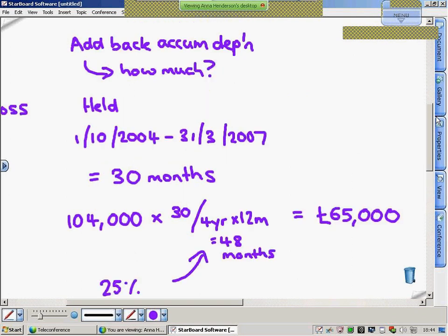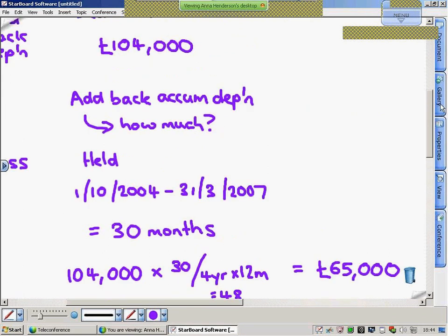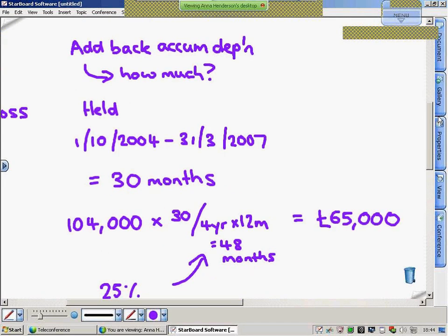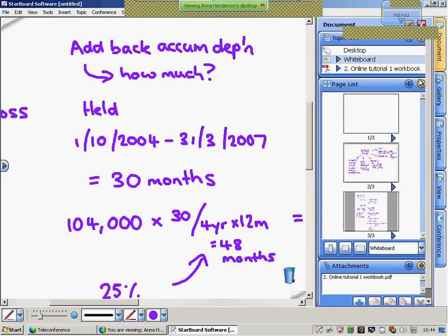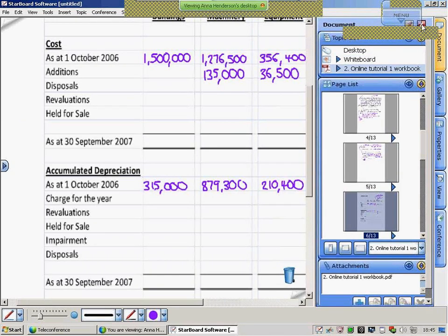So we've got 2 things to do then. We need to deduct the cost and we need to take out the accumulated depreciation, or see it as being added back. So we go through to our pro forma.